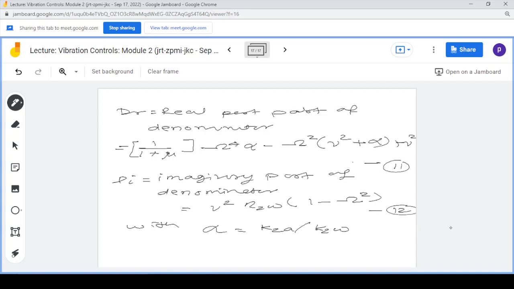Now, similarly, we can get the expressions of transmissibility.